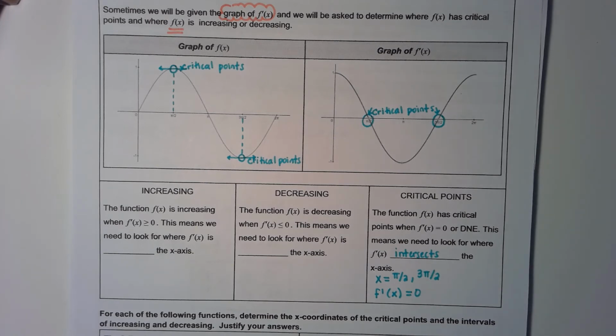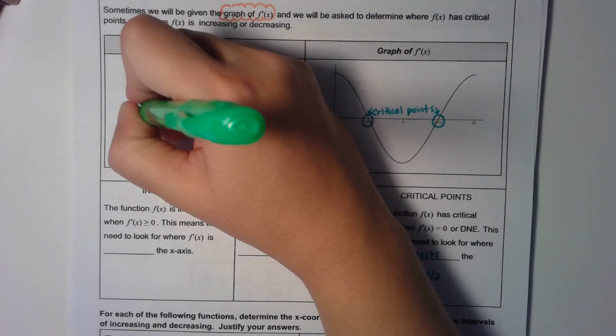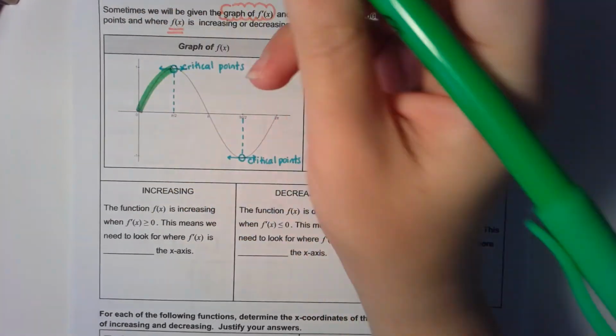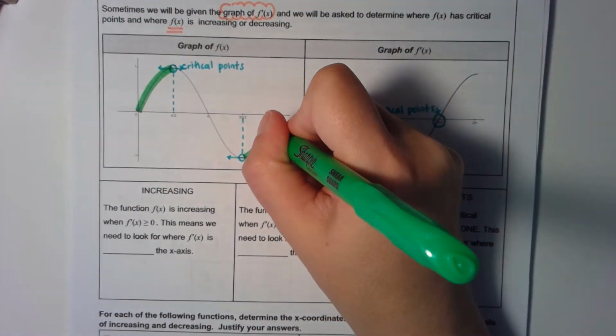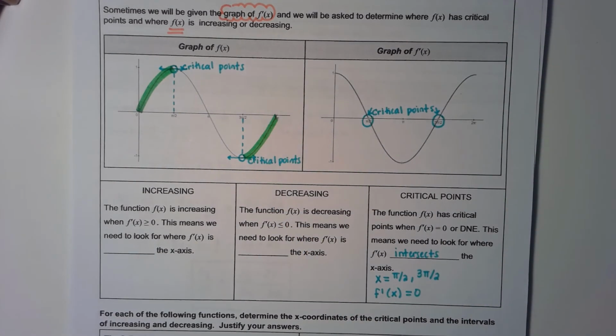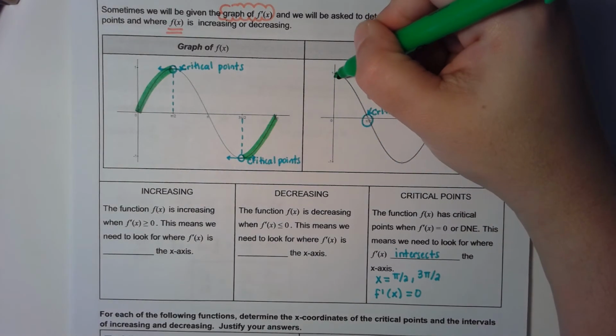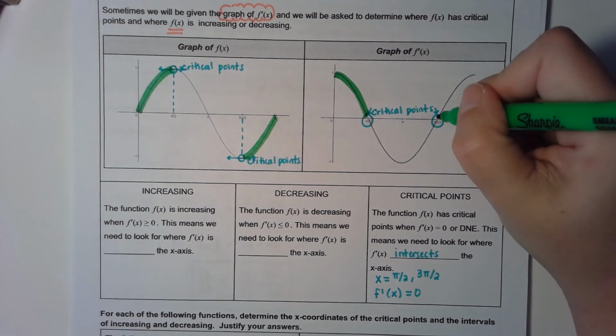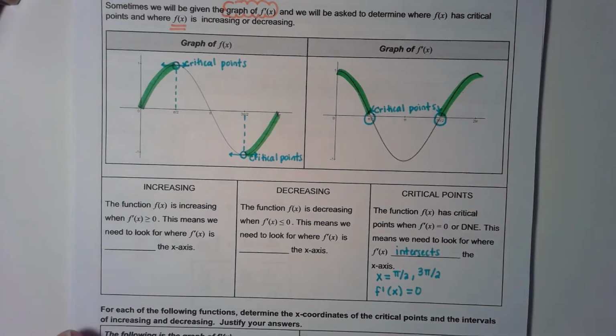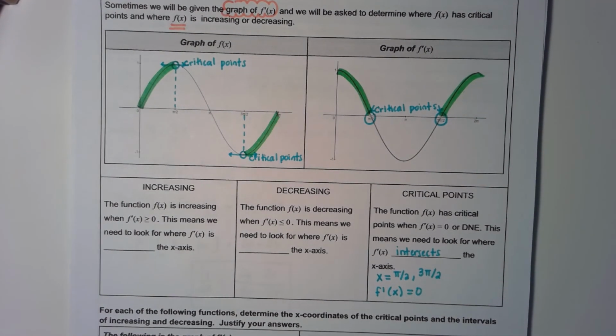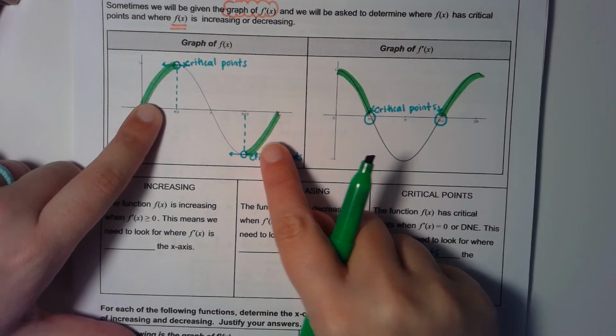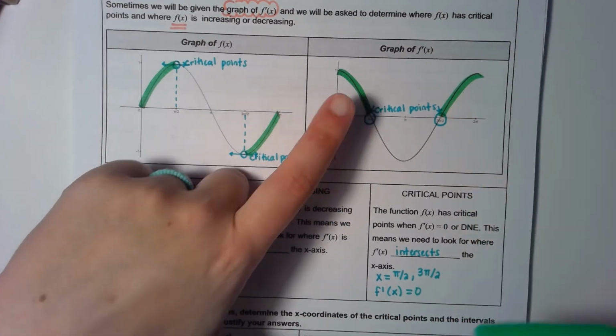Now let's talk about increasing. So if we look at the original graph, it would be increasing over the interval from 0 to pi over 2, and then 3 pi over 2 to 2 pi. If we connect those to the same intervals on the graph of the derivative, 0 to pi over 2 is right here, and 3 pi over 2 to 2 pi is right here. So what you'll notice is that on this graph it's going uphill, but these sections are not going uphill.